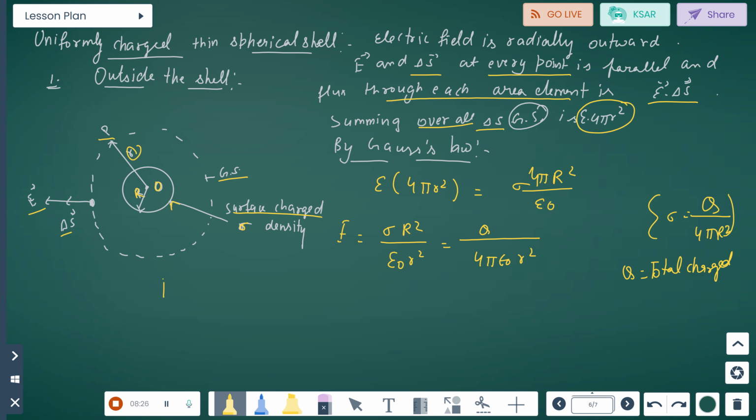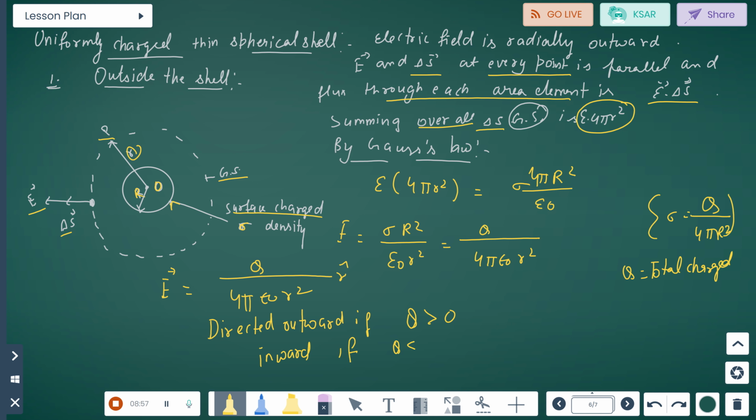Or in vector form we can say that E vector equals q divided by 4 pi epsilon naught r square r vector. Electric field is directed outward if q is greater than 0 and directed inward if q is less than 0. So E equals q divided by 4 pi epsilon naught r square, just as derived above.